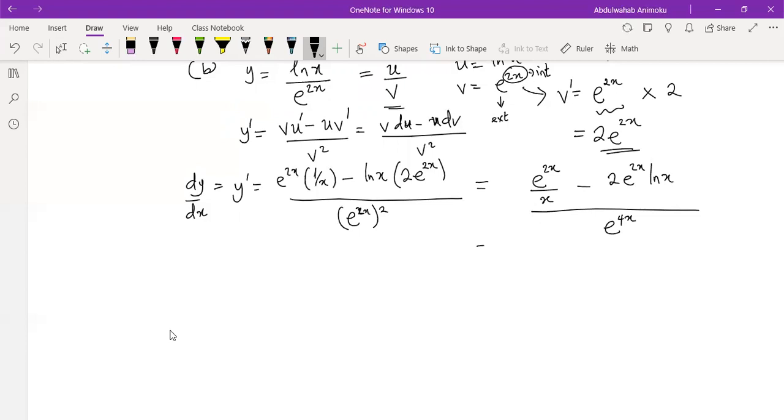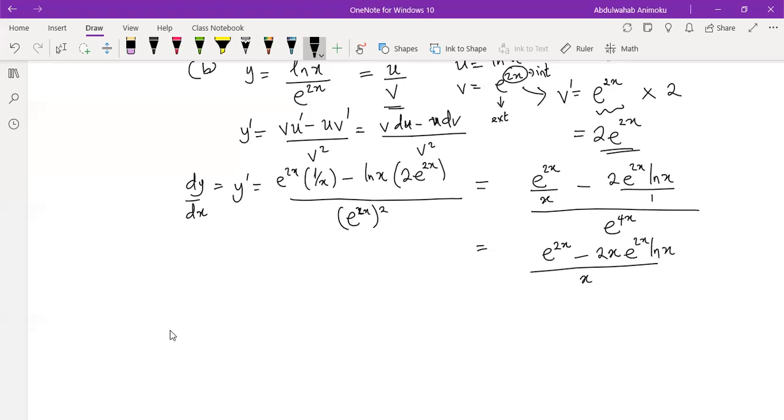Now we just need to simplify the numerator. How do we simplify that? You can take the LCM if you like, of the numerator. So that would give us x. Then x into x is 1. So the first term will be e raised to the power 2x, minus, and 1 into x is x, so multiply that with the numerator, then x.